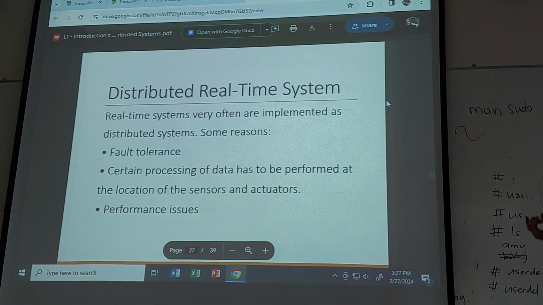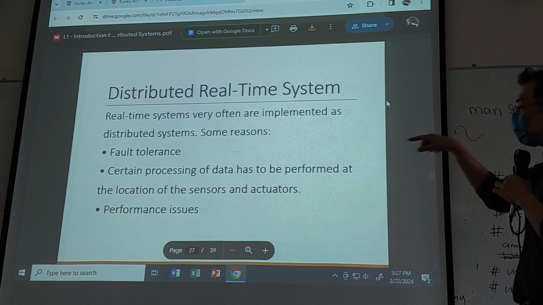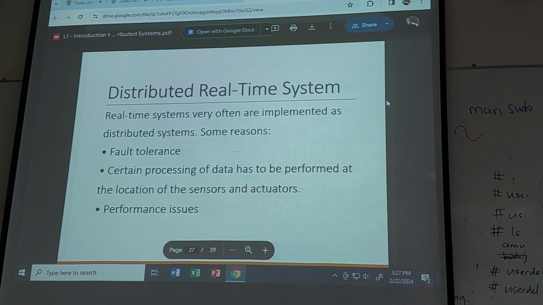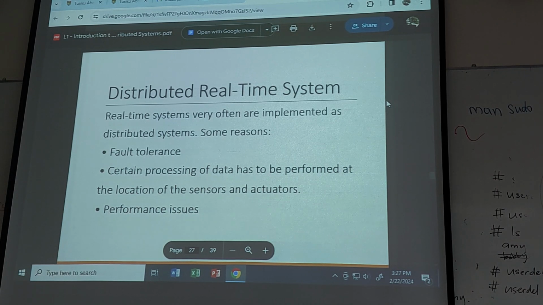So the best thing is to put the processing near the sensor and the actuator itself. That's why I told you that the airbag system actually has a processor in there. There is one processor, because it relies on the real timeness. When a crash happens, it has to compute it and make sure that that is a crash first before you expand. You cannot just simply expand.